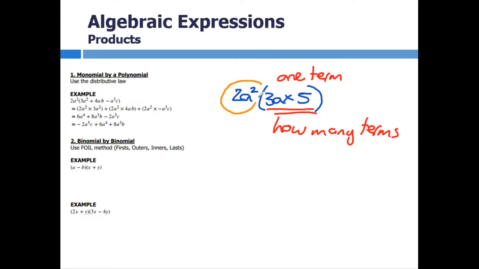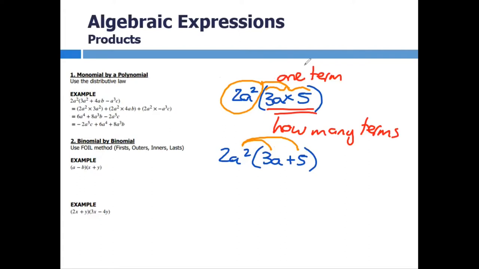So this 2a squared needs to just get multiplied once because there is only one term in there. It is not the same as if I had the 2a squared and then 3a plus 5. That's 2 terms. And in this situation, my distributive law would have to multiply by the 3a and it would have to multiply by the 5.